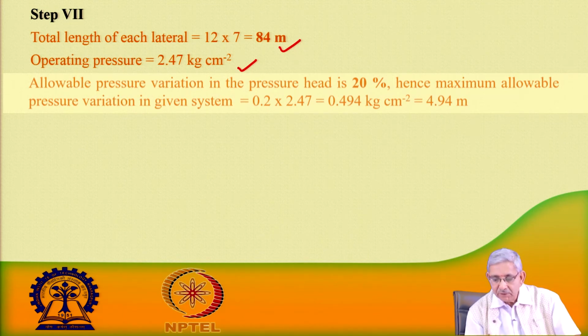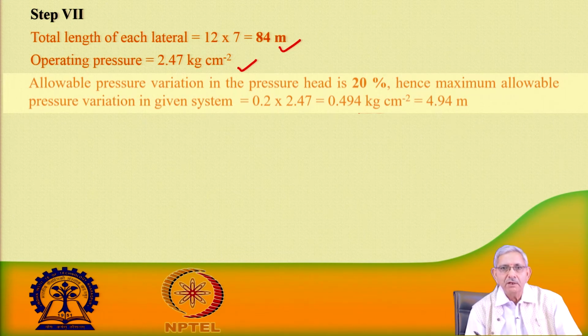So, 20% of 2.47 is 0.494 kg per square centimeter, or I can say 20% of 24.7 meter is 4.94 meter. This is the allowable pressure variation.